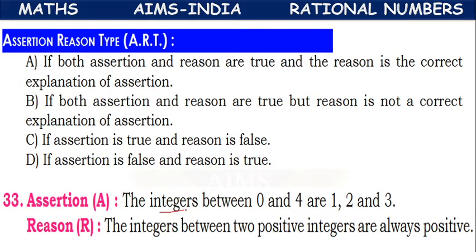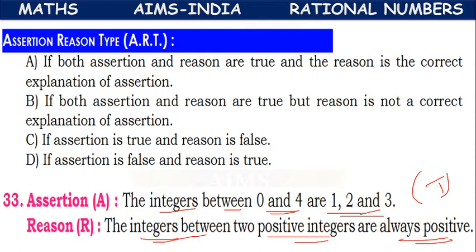Next. The integers between 0 and 4 are 1, 2, 3. True, because between 0 and 4, 1, 2, 3 will lie. The reason: the integers between two positive integers are always positive. Yes, because all positive integers lie on the right-hand side of 0.